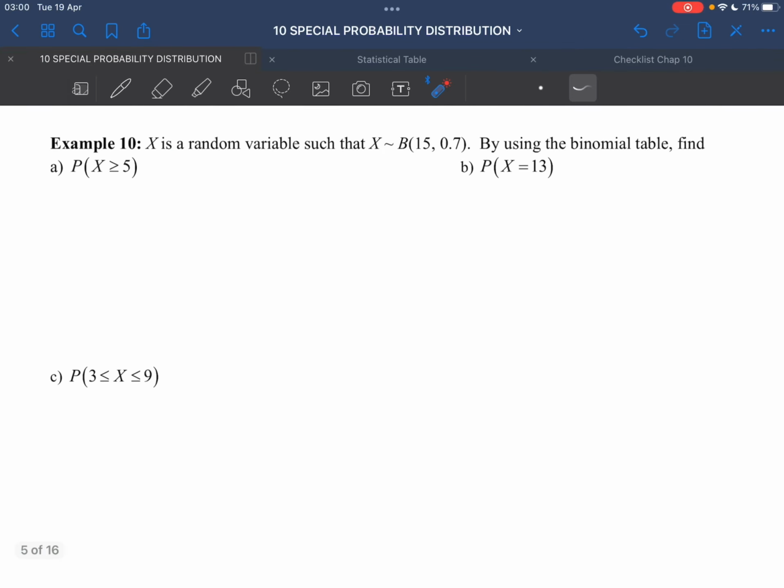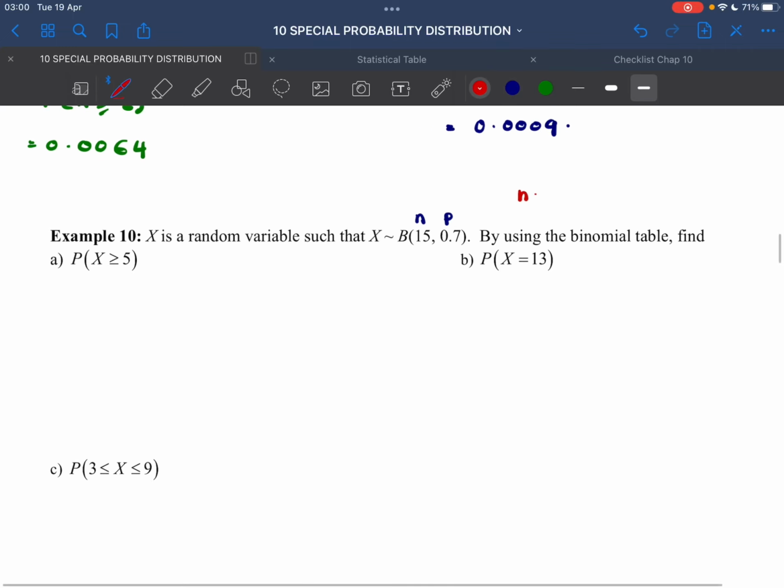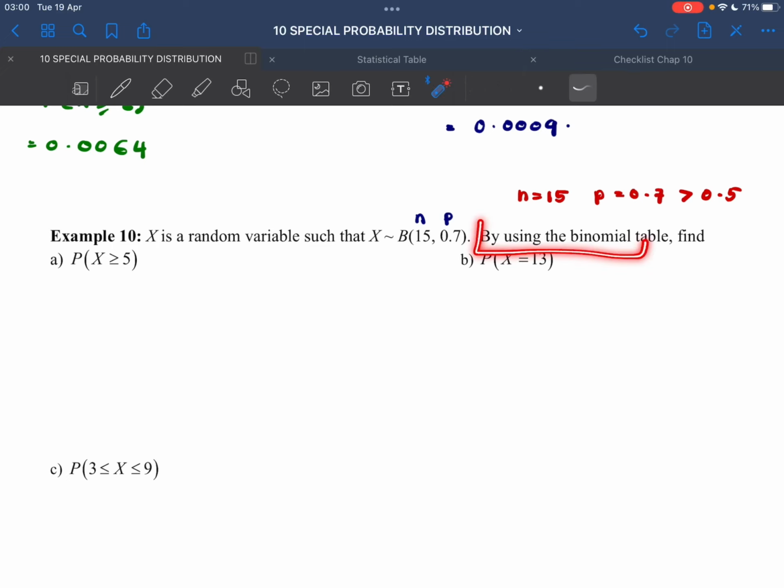Last example for binomial. X is a random variable with a binomial distribution with n equals 15 and p equals 0.7, which is greater than 0.5. Let's write it down: n equals 15, p equals 0.7, greater than 0.5. The question asks us to use the table, but our p is more than 0.5, which is not in the table. So we have to change the probability; we know that our q here is 0.3.